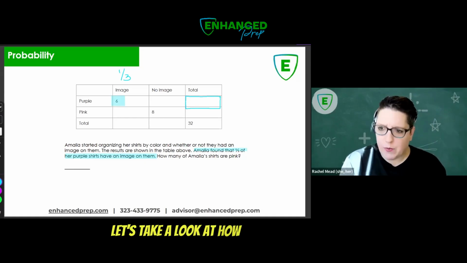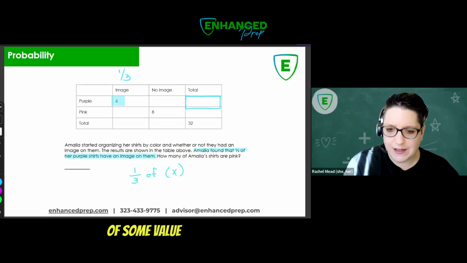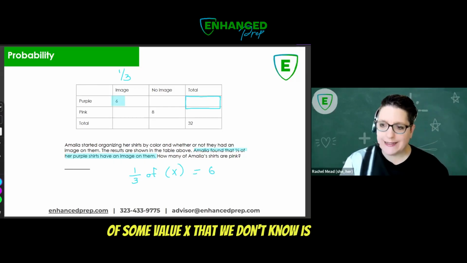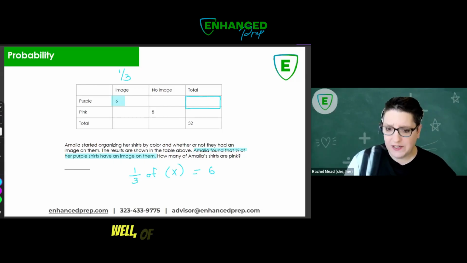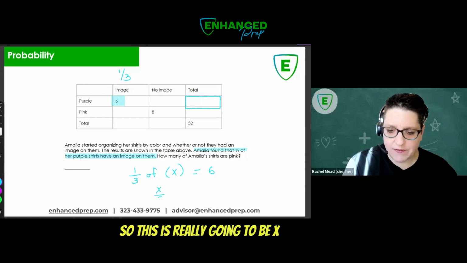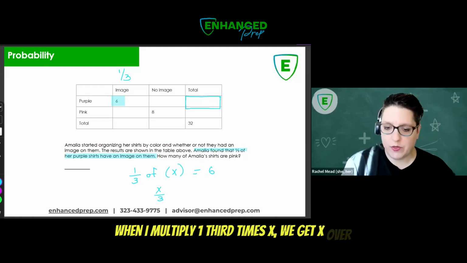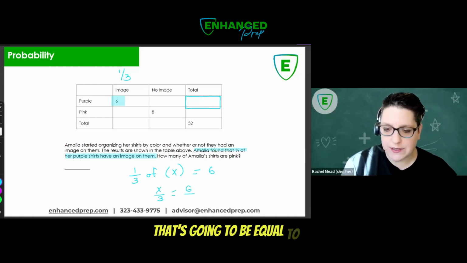Let's take a look at how we would set that up into an equation. We're saying 1/3 of some value x that we don't know is equal to 6. Well, "of" tells us that we're going to multiply. When I multiply 1/3 times x, we get x over 3. That's going to be equal to 6.